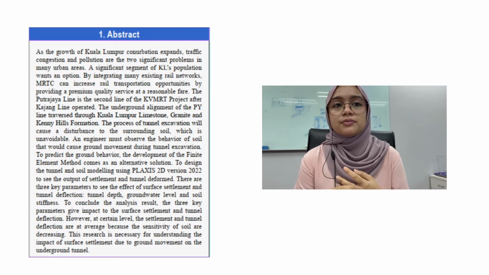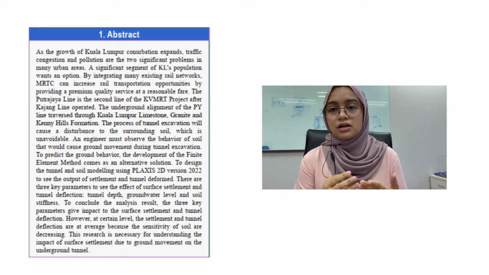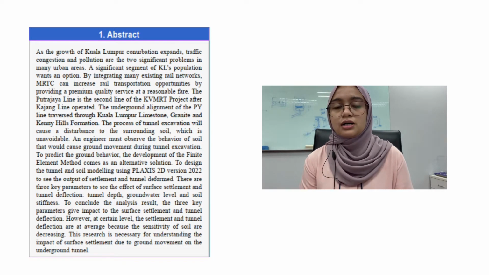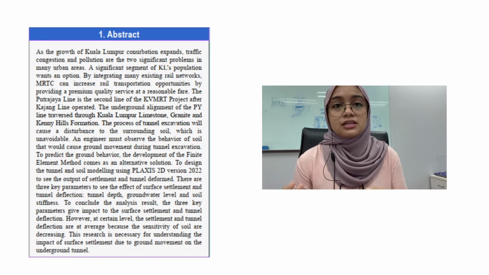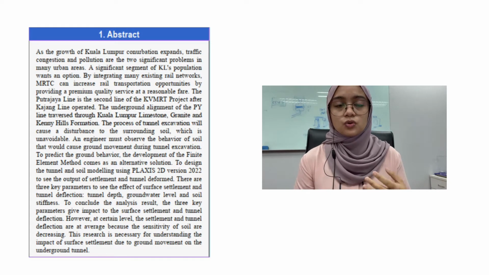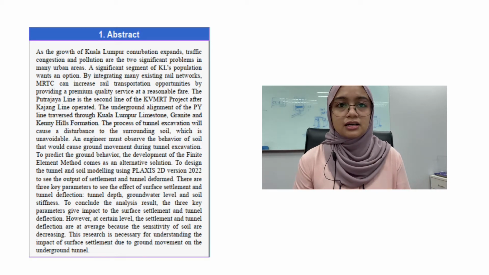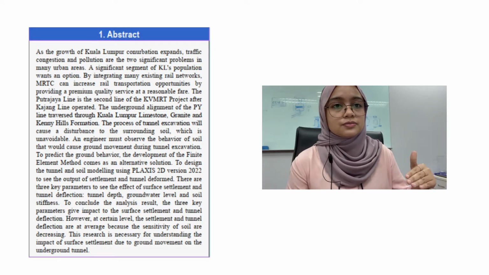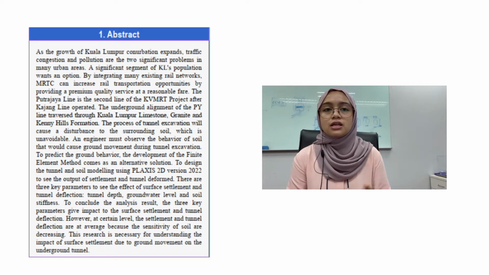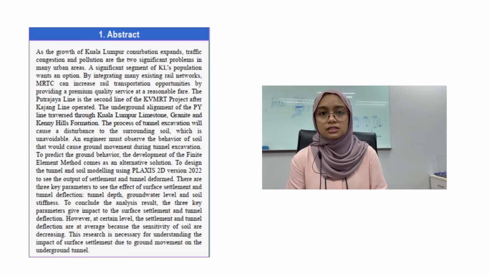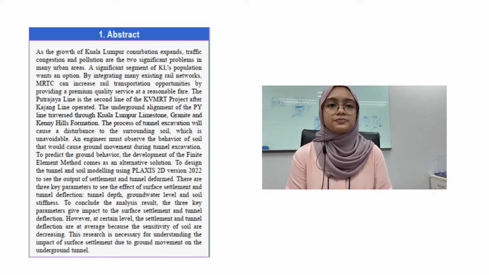So some people would like to suggest integrating the existing rail network, and MRTC is one of the companies who had implemented this by connecting all the networks in KL, such as LRT, monorail, and KTM, and providing a premium quality service at a reasonable fee.